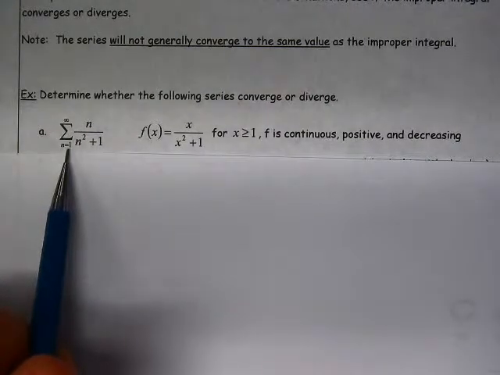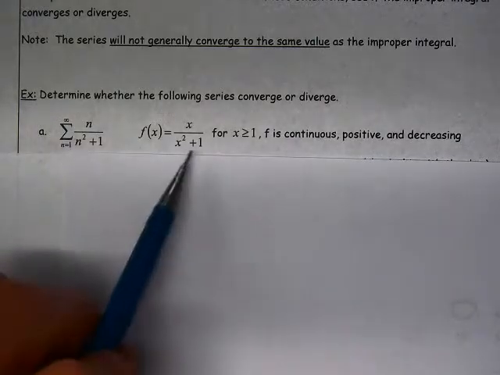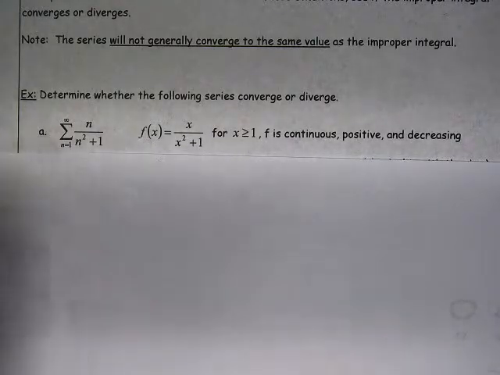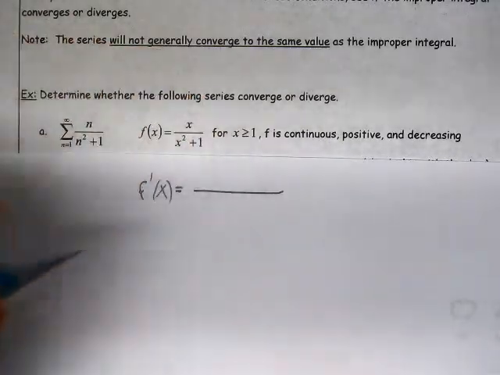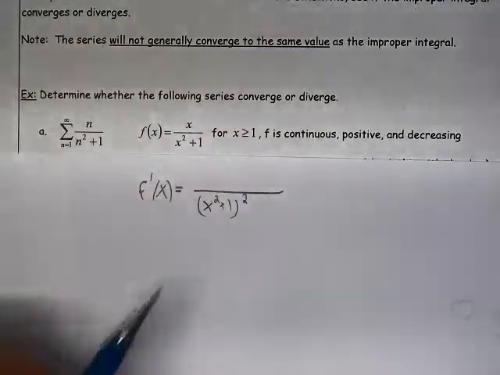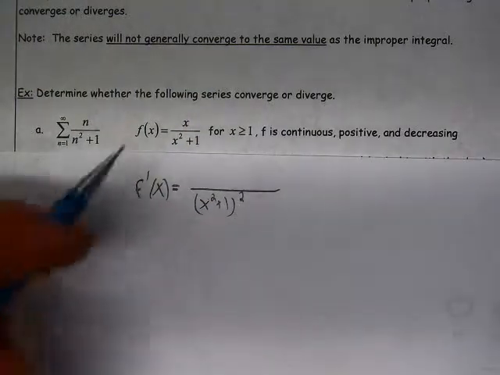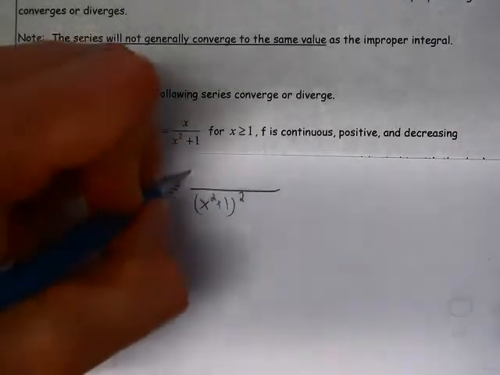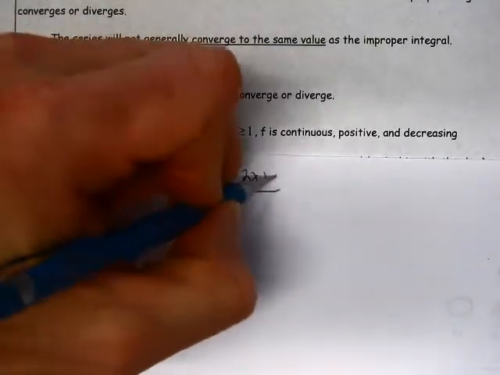Because this starts with n equals 1, we're going to use the x values greater than or equal to 1. All right, so at least for this first example, I want to find f prime. I want to show you the process of working through f prime. So we have x squared plus 1 squared as our denominator. When I take the derivative of this, I have to use the quotient rule. So the derivative of the numerator times the denominator minus the derivative of the denominator times the numerator.